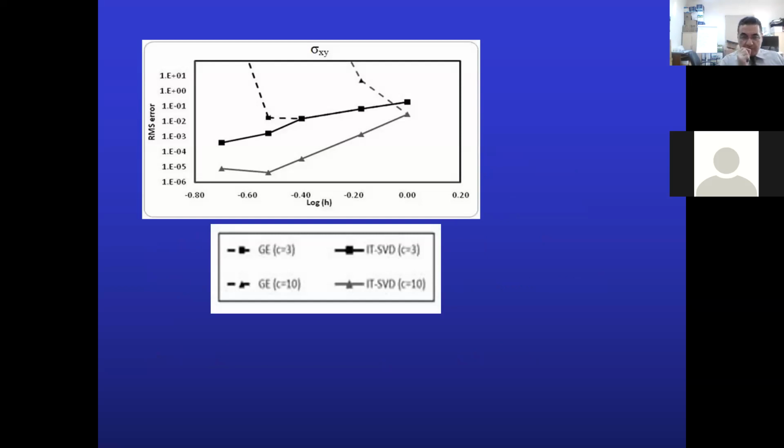Notice that we have big reductions in the error in the shear stresses when we look at the log of the spacing between points. So the finer you make it, the better the convergence rates are. And also you see the difference between a small shape parameter and a larger shape parameter. Next slide.